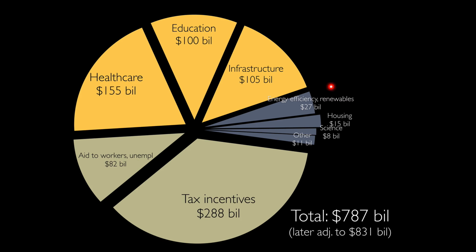There was money towards energy efficiency, not a whole lot, housing, some money towards science research, and some other stuff. So a mixture of different kinds of spending, but again, very much driven by the liberal Keynesian view, which is we need an injection of spending in order to stimulate the economy, and if possible, we should direct at least some of it towards those in the middle or toward the bottom of the income distribution.